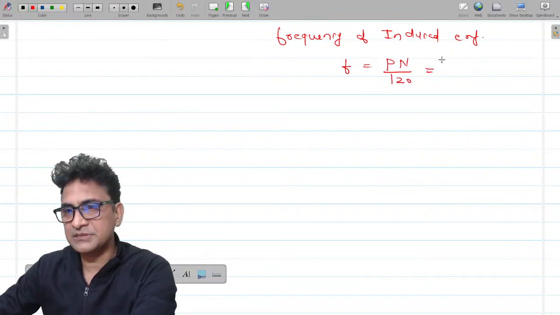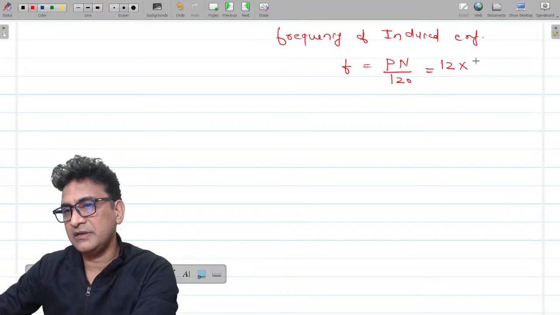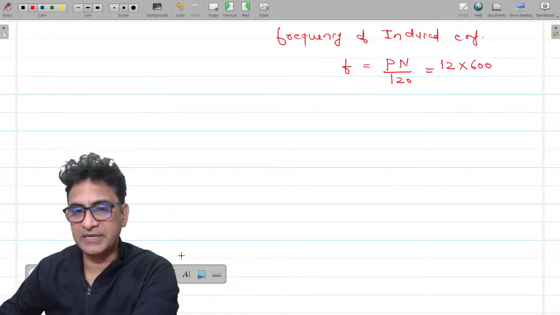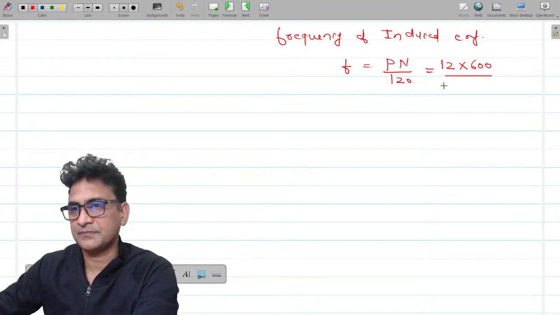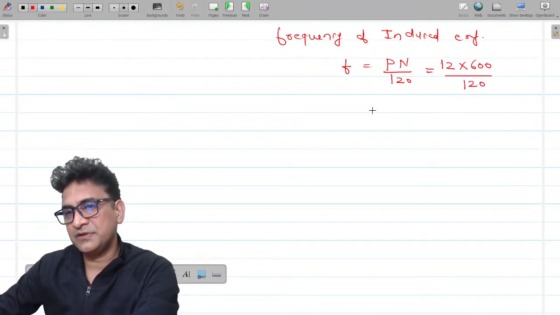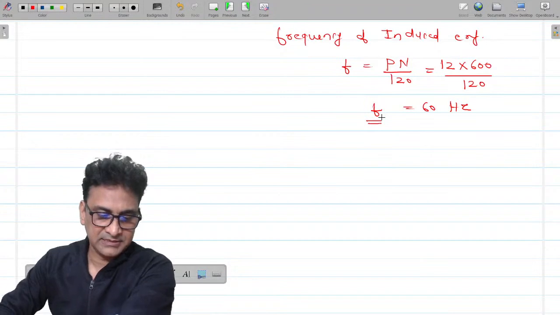The total poles is 12. The alternator was running at a speed of 600 rpm, divided by 120. So the frequency of induced EMF is 60 Hz, not 50 Hz. Remember this thing. It is 60 Hz.